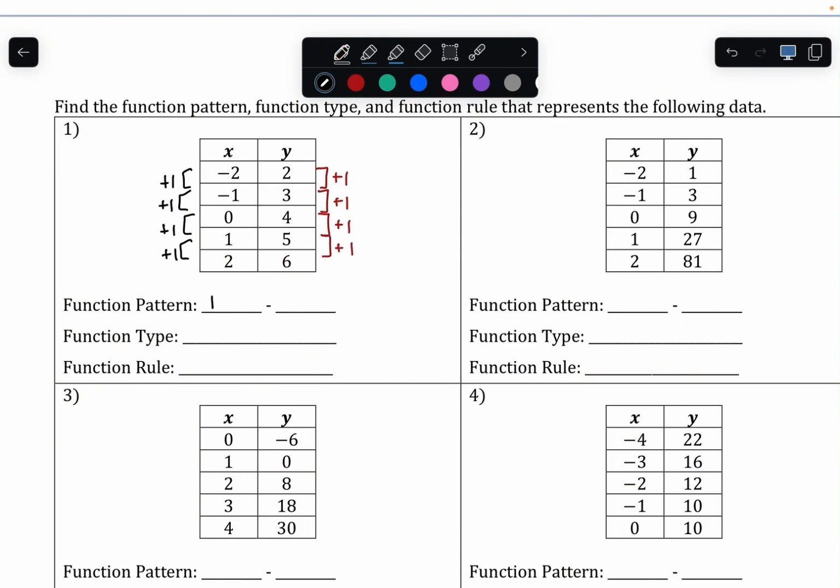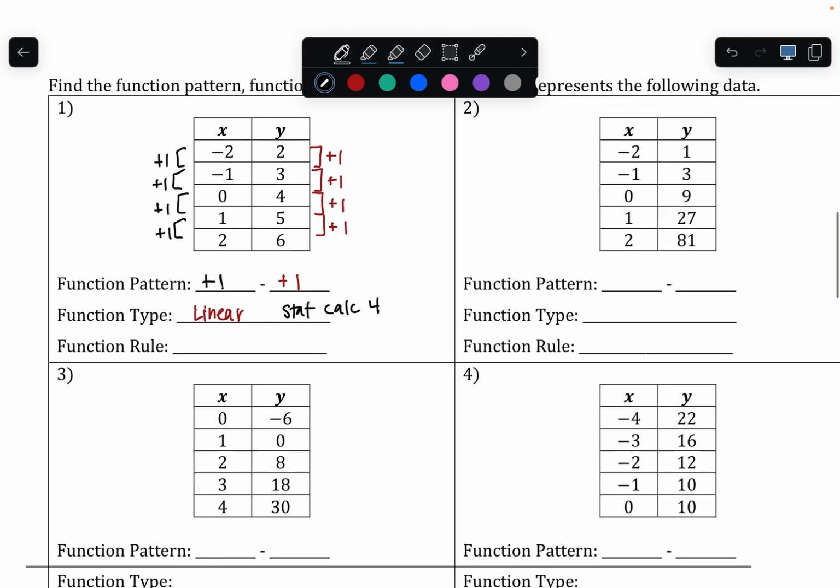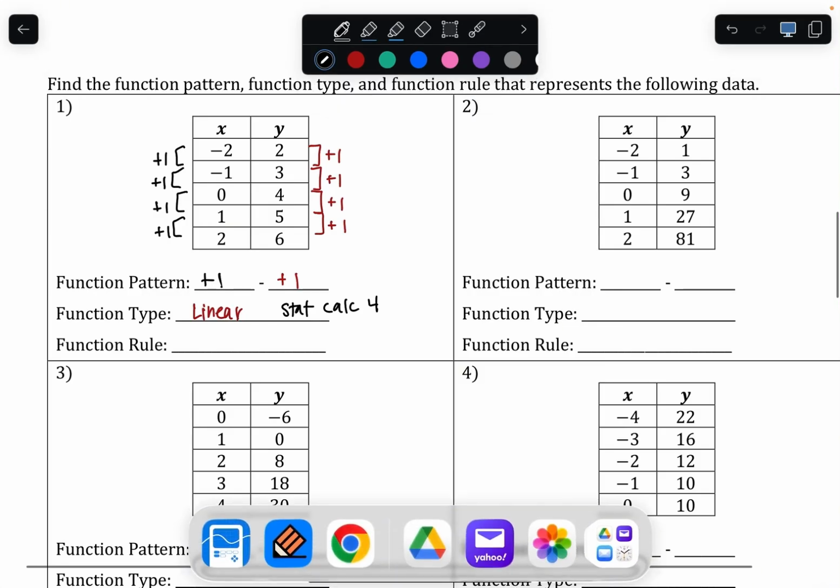And so that means, I'm going to go ahead and write that here, we are working with a linear function. Okay, and so that means we want to press stat calc 4 to get our linear equation.